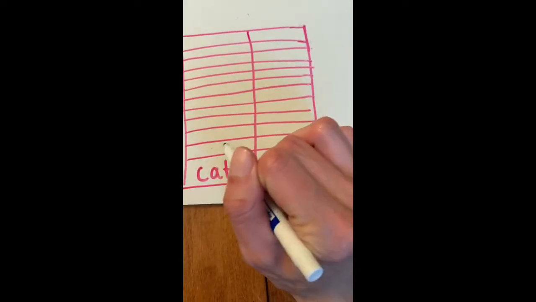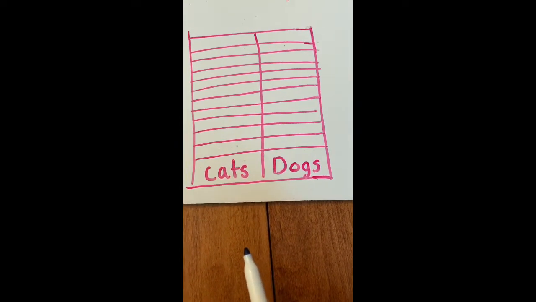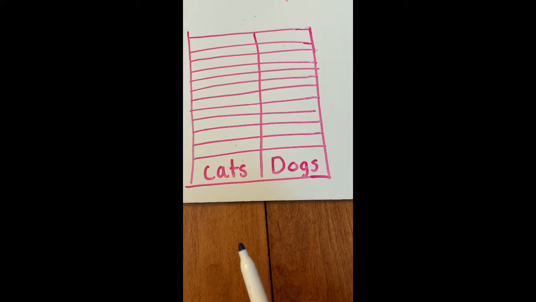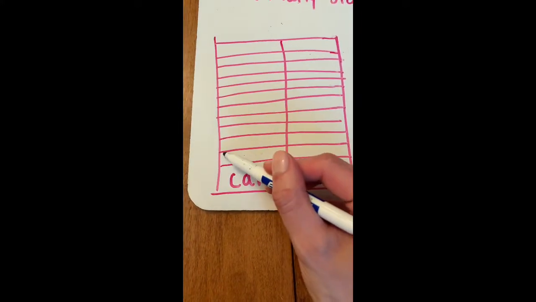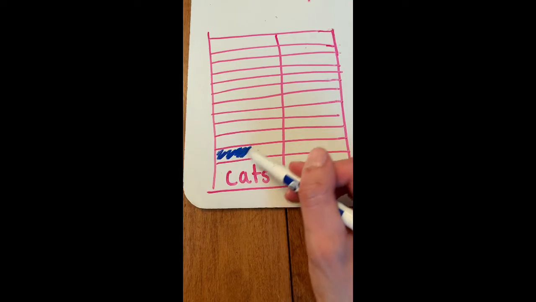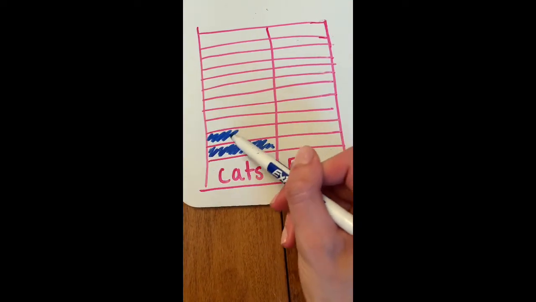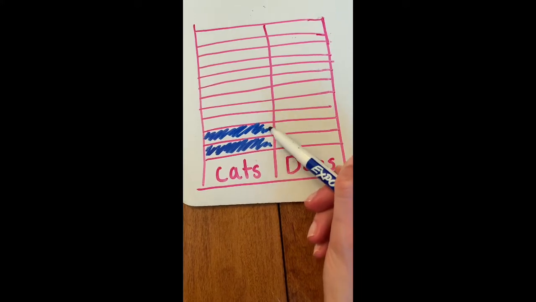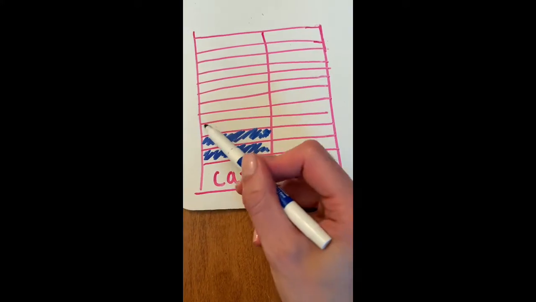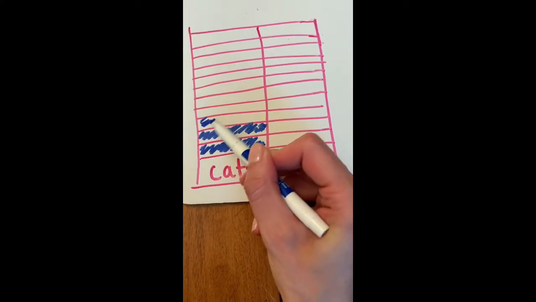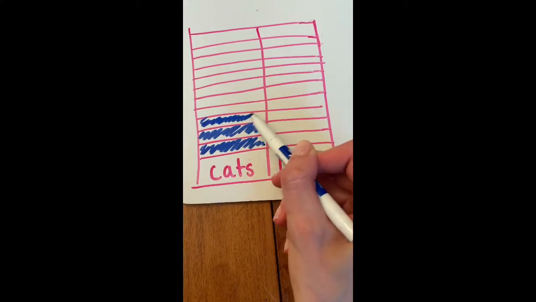So for each person who likes cats, we're gonna fill in a cube. So we have 1, 2, 3 people who like cats.